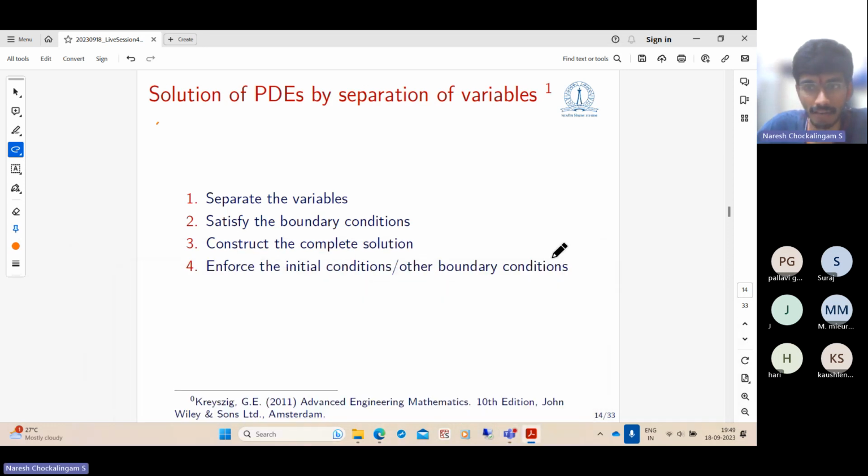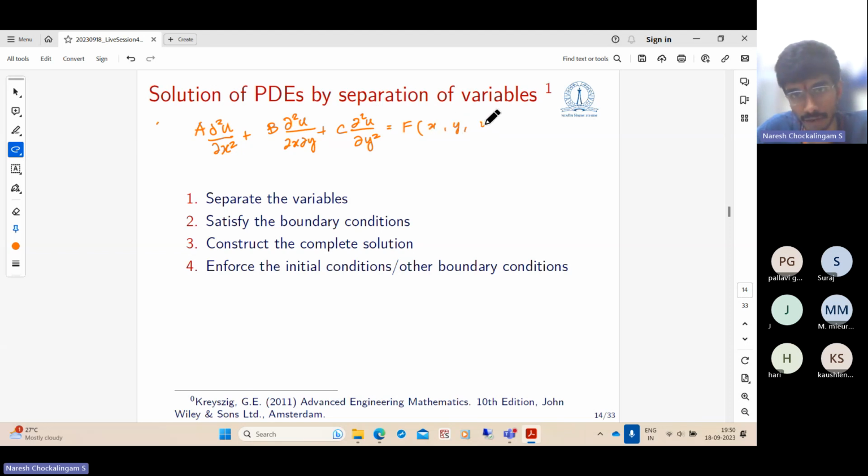If you have a second order linear partial differential equation, it is of the form A dou square u by dou x square plus B dou square u by dou x dou y plus C dou square u by dou y square is some function of x, y, u, dou u by dou y, and dou u by dou x. So typically you have a partial differential equation like this where A, B, C are real numbers.